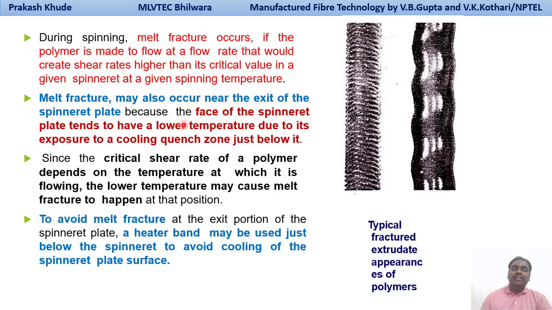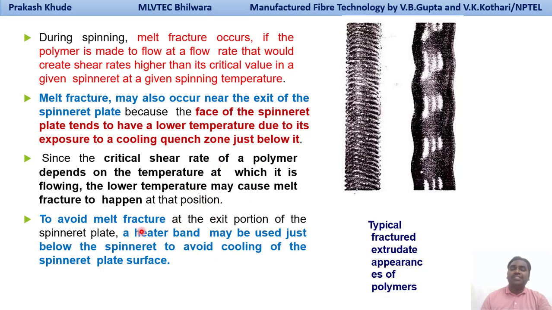The face of the extruded plate has the lower temperature as it is directly exposed to the quenching zone just below it. Since the critical shear rate of the polymer depends upon the temperature at which it is flowing, the lower temperature may cause melt fracture to happen at that position. So this low temperature ultimately causes the melt fracture.